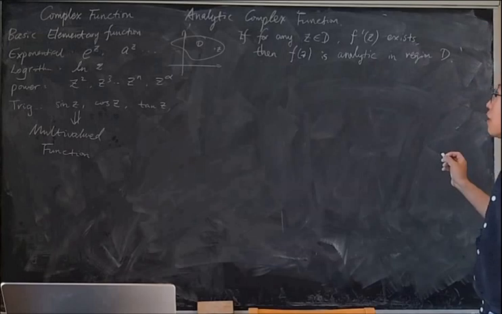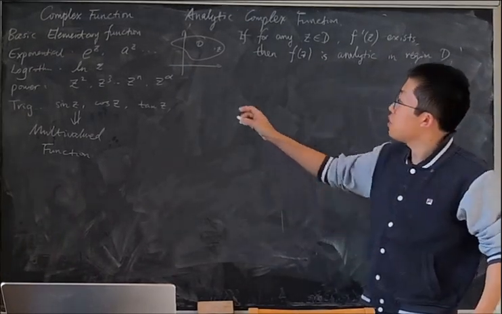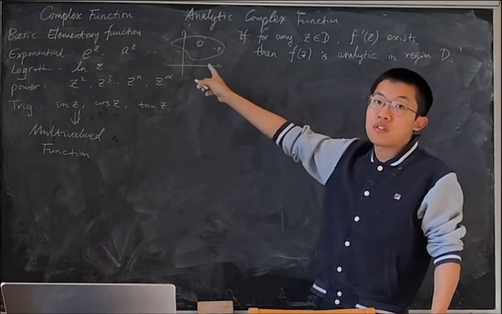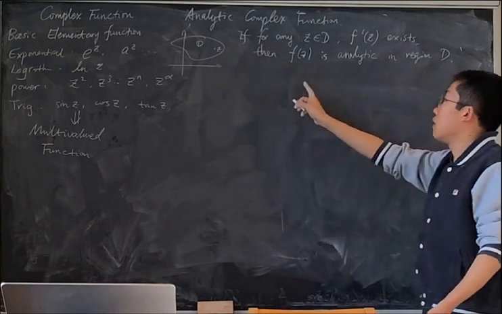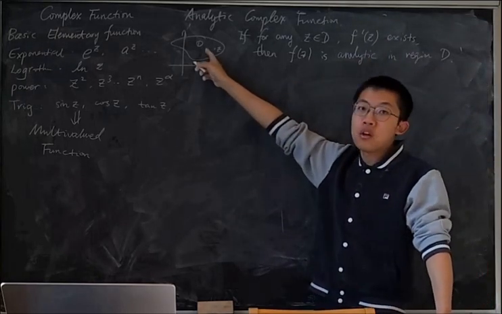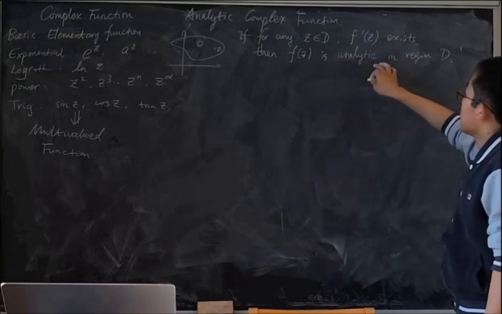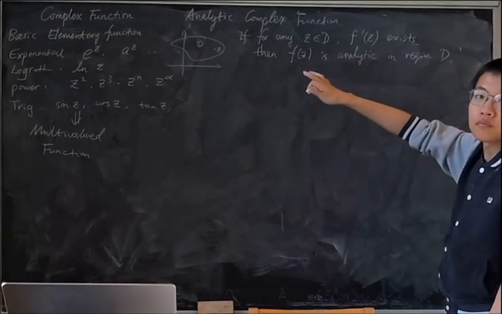The definition of an analytic complex function looks very straightforward. Think about a region in the complex plane. If the derivative of the function exists for every point in this region, then we say that this function is analytic in this region.